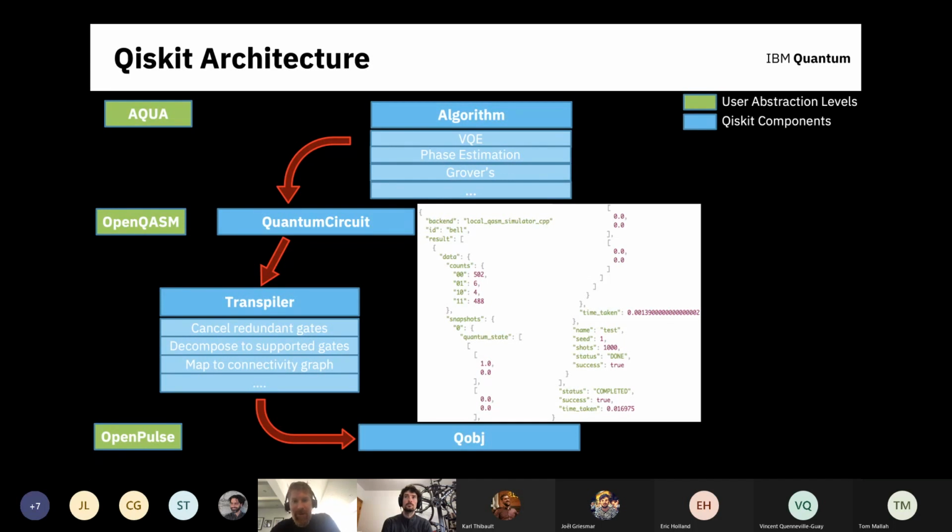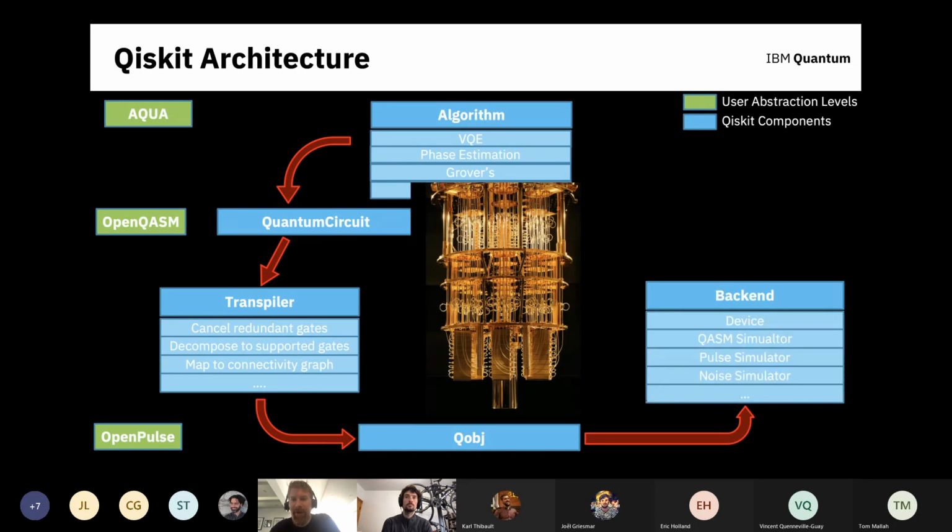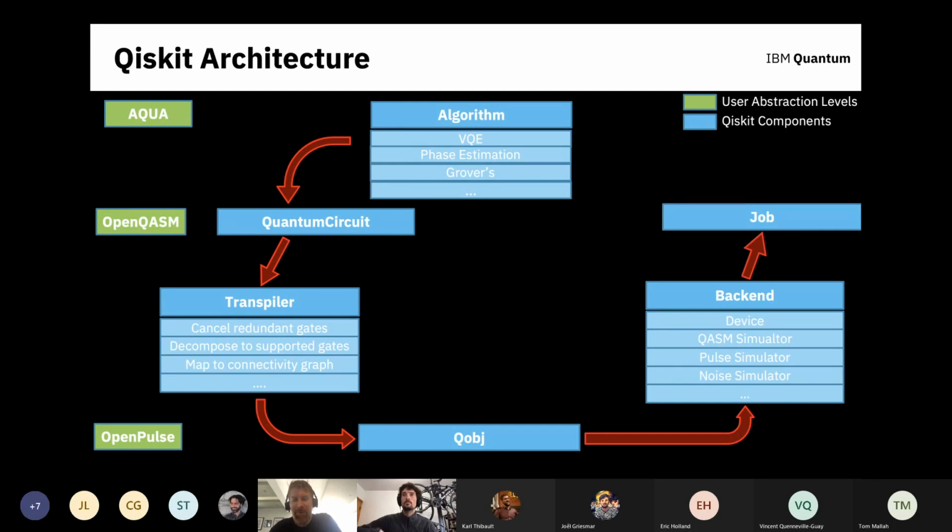This quantum object is a large Python dictionary that gets bundled up and sent over the cloud to the IBM cloud, and then it goes to the queue, where it goes to an experimental backend and runs on a computer there, or it can go to other things such as QASM simulators or pulse simulators or one of the Qiskit Aer noise simulators, or it could go to some other quantum system as well. It doesn't have to be an IBM one. Essentially that will run a job, and that job will be returned as a result.